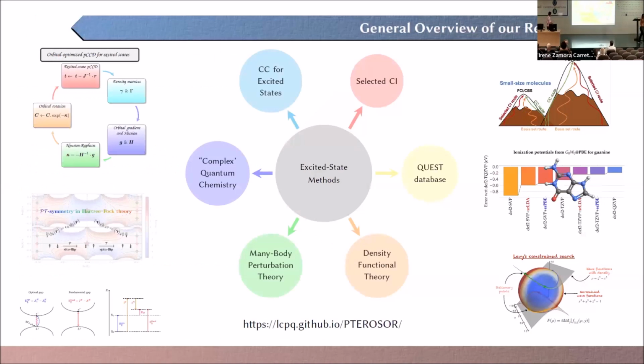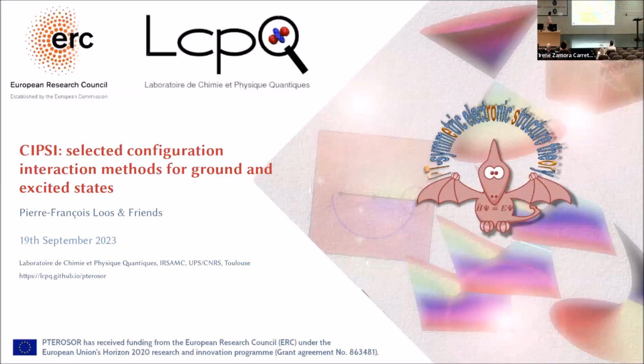Okay, so it's a pleasure to introduce the last speaker of our session. It's Pierre-Francois Loos. He's a CNRS researcher at the University of Toulouse. He did his PhD at the University of Lorraine, Nancy, under the supervision of Xavier Assfeld.